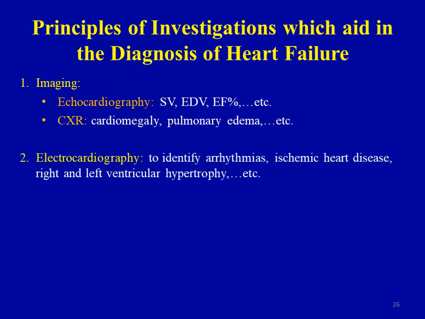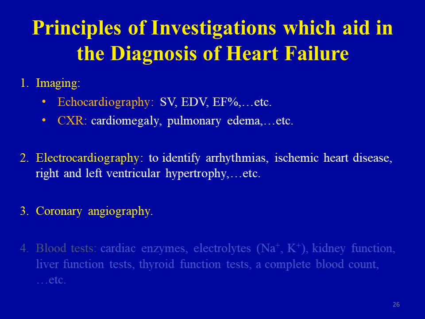Then we have the electrocardiography or the ECG to identify any underlying arrhythmias that are causing heart failure, ischemic heart disease, right and left ventricular hypertrophy, etc. And also we can do coronary angiography to study the lumen, or how patent the coronary blood vessels are.